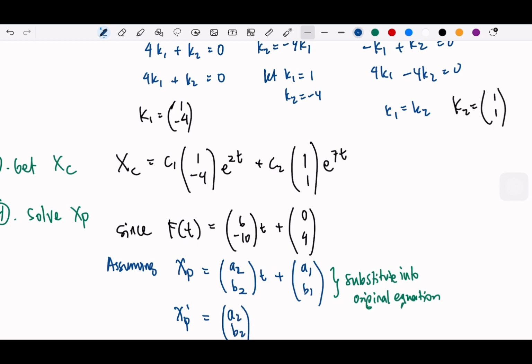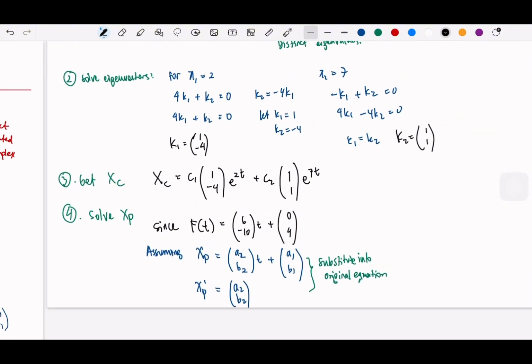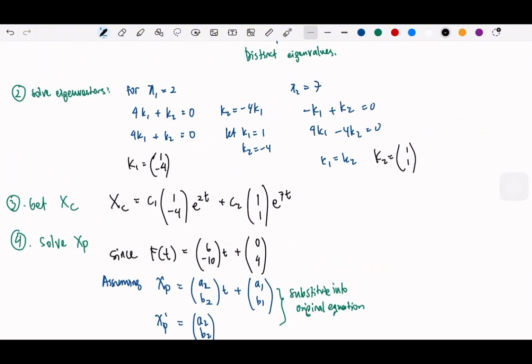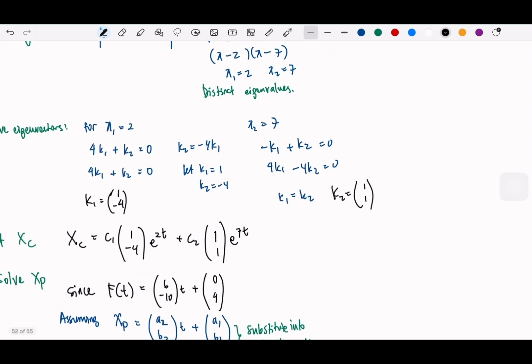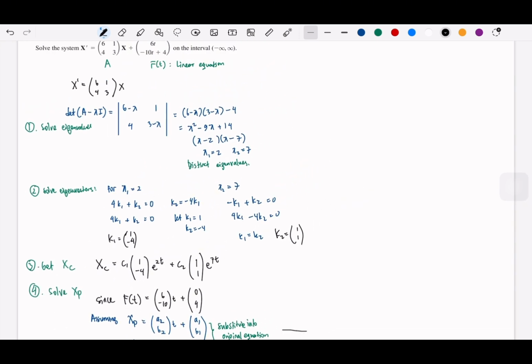So substitute all of this, not only the xp, but the differentials also. So I think I will write here, this will be xp prime equals A xp plus f of t.